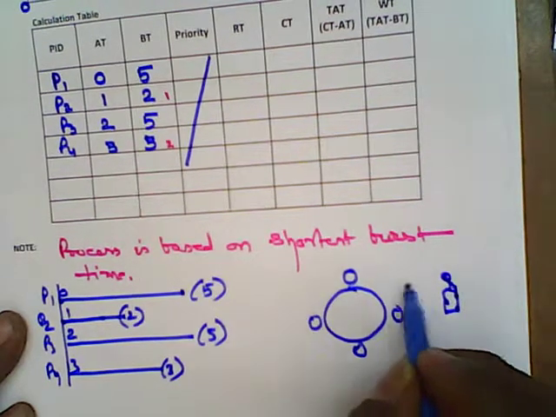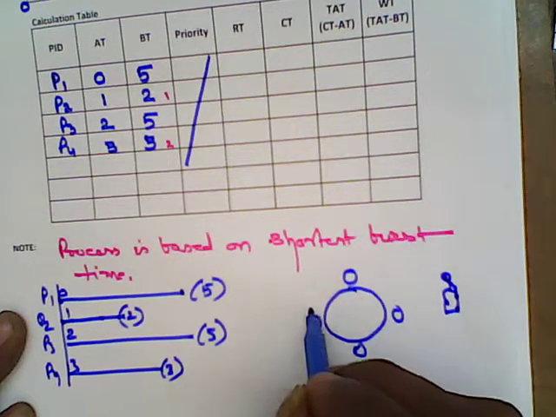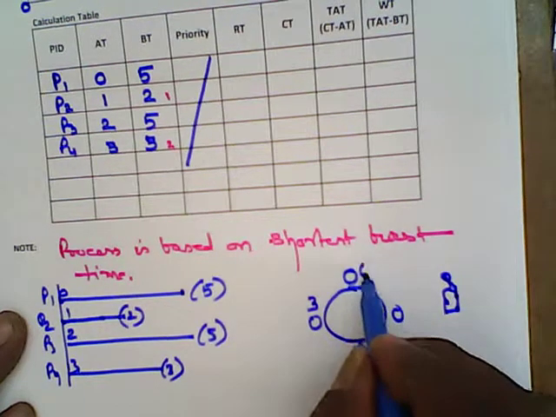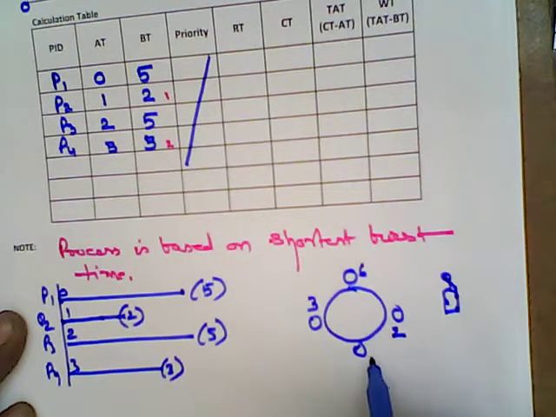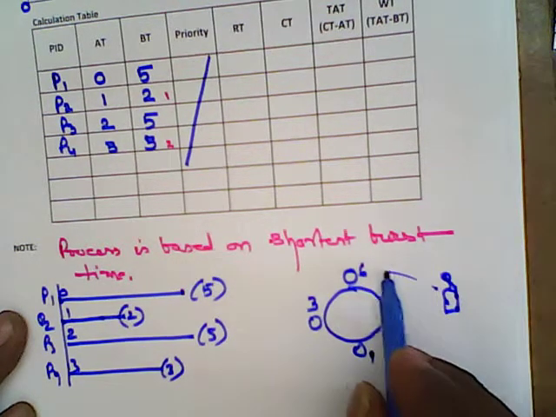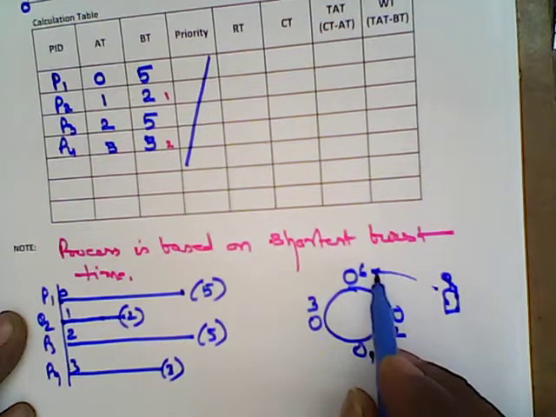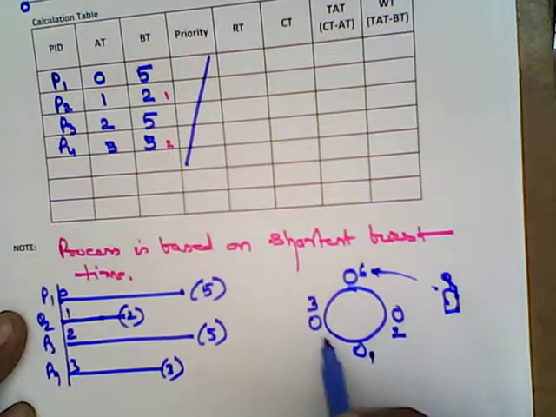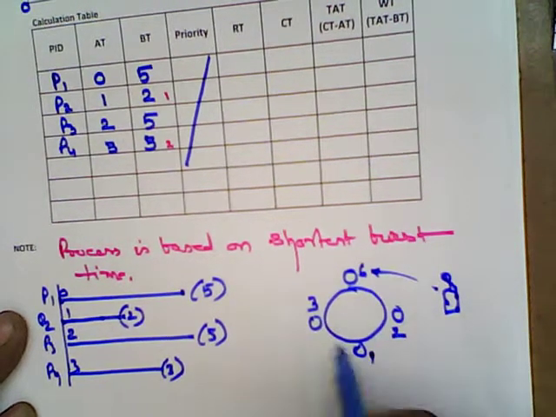If this person consumes 3, this person 6, this person 2, this person 1, and she gives the first person all 6, then the others will be waiting, just like starving. That is a non-preemptive situation.